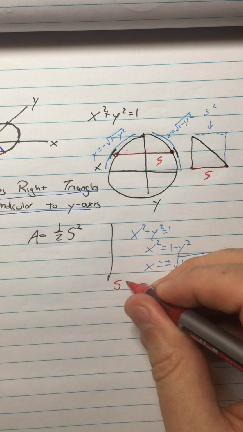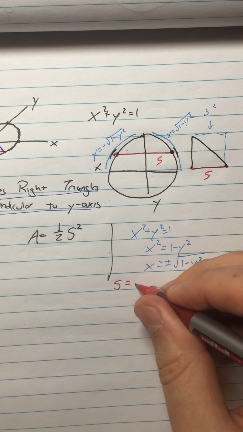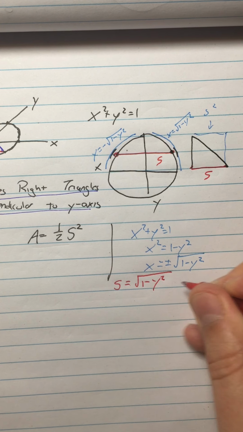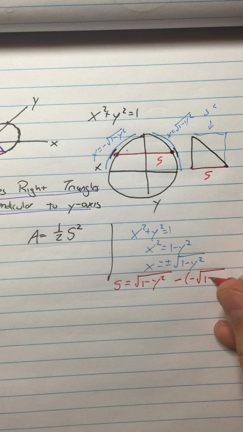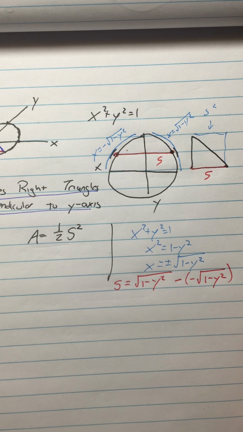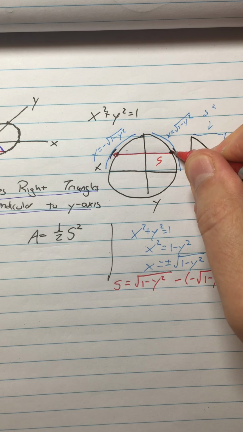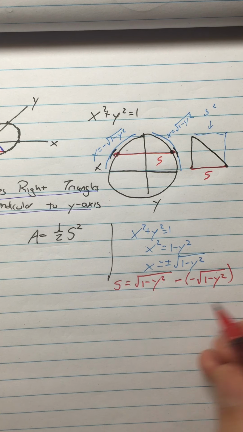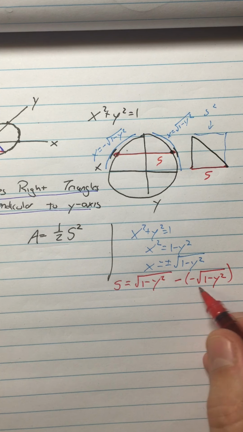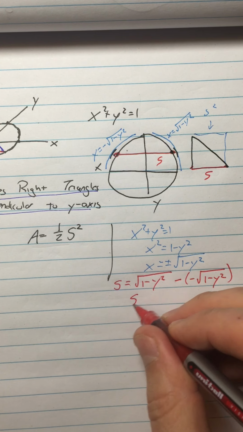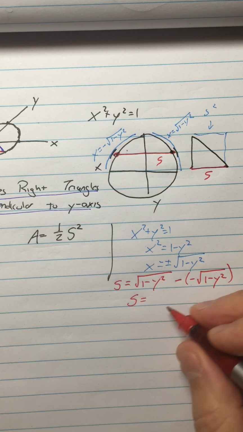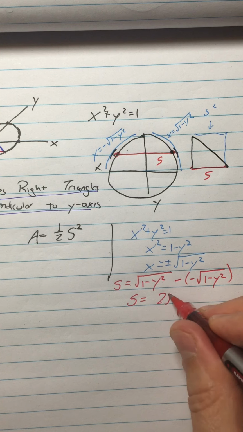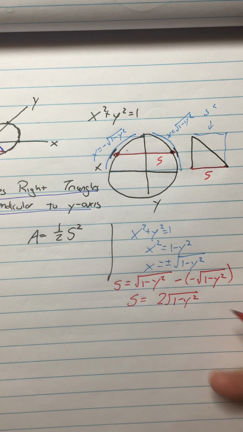So S is equal to the square root of 1 minus y squared, minus negative square root of 1 minus y squared. That's what S is: from the right branch of the curve to the left branch, the positive solution minus the negative solution. This really shows how the plus or minus is meaningful graphically. So here I just get 2 square root of 1 minus y squared.